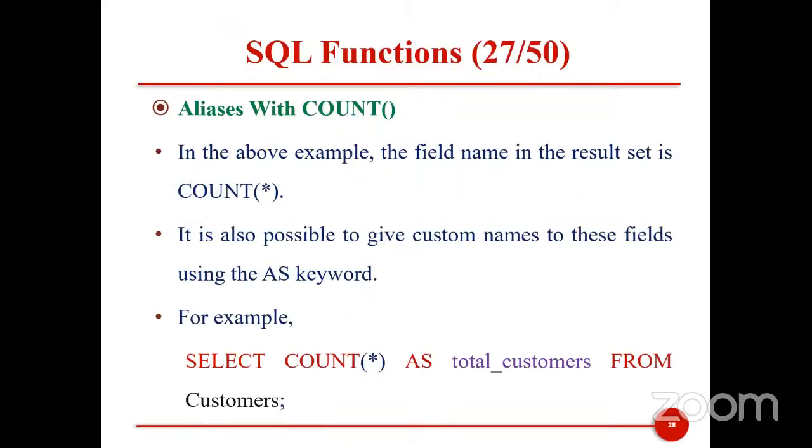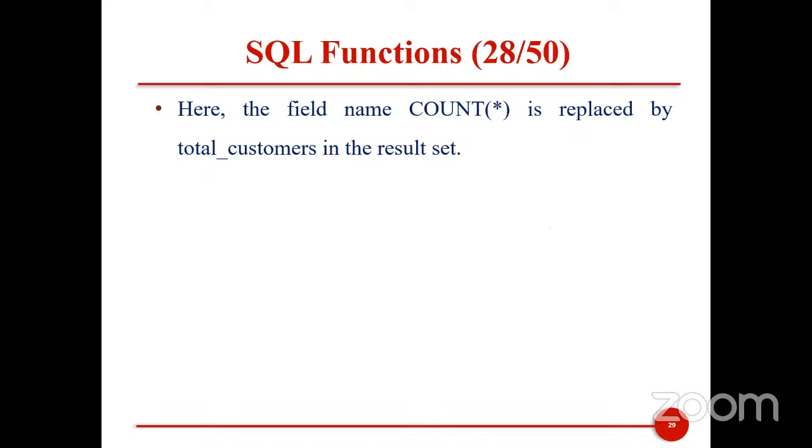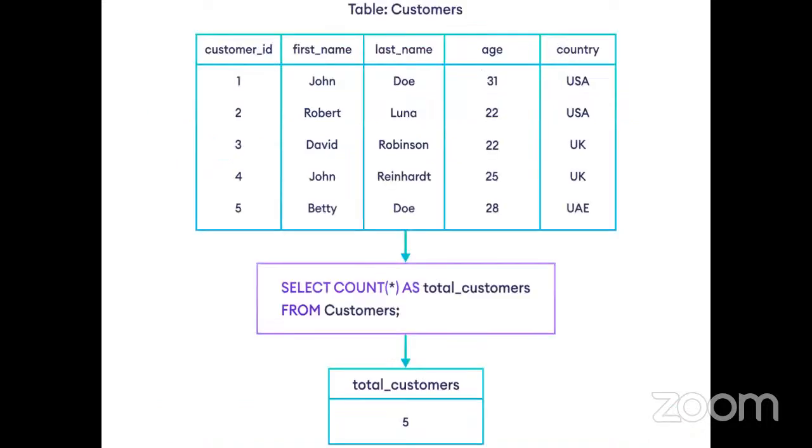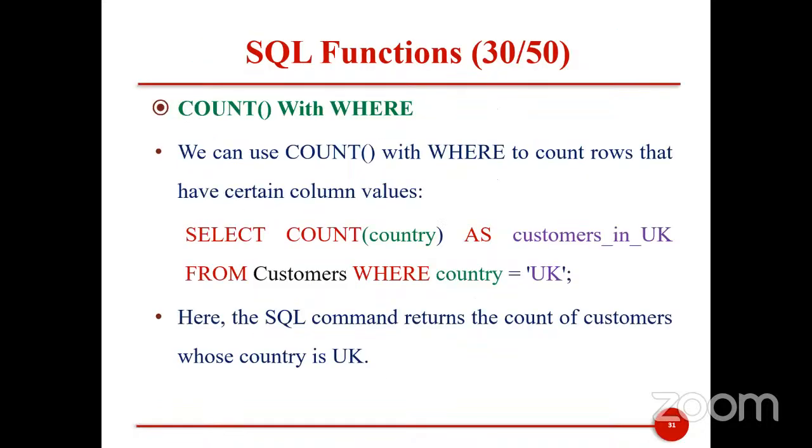You can also use aliases with counts, such as SELECT COUNT(*) AS total_customers FROM customers. Then it will display how many customers we have. We have 5 customers. Then we can also use COUNT with WHERE. We are trying to count the customers in the UK: SELECT COUNT(*) AS customers_in_uk FROM customers WHERE country = 'UK'.